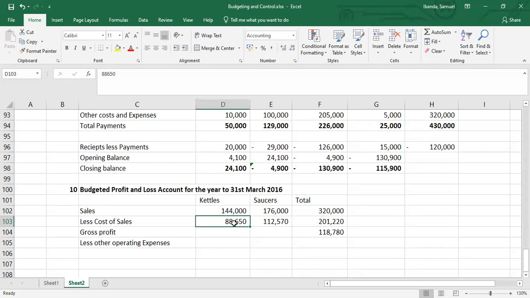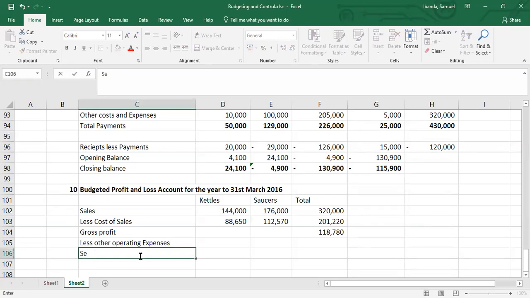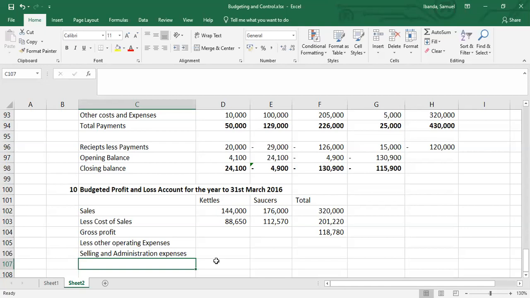Since they're embedded within, we shall not consider them in other operating expenses. So under other operating expenses, what we are going to consider are our selling and administration costs or expenses.